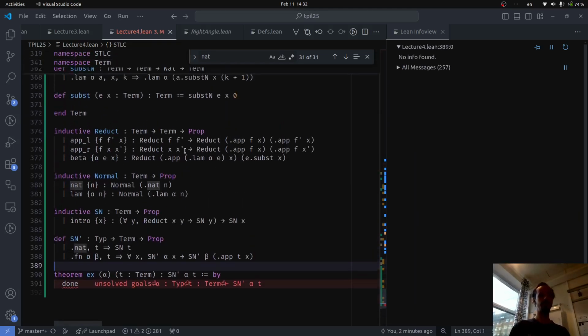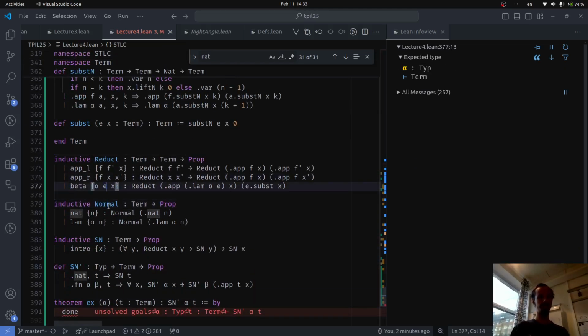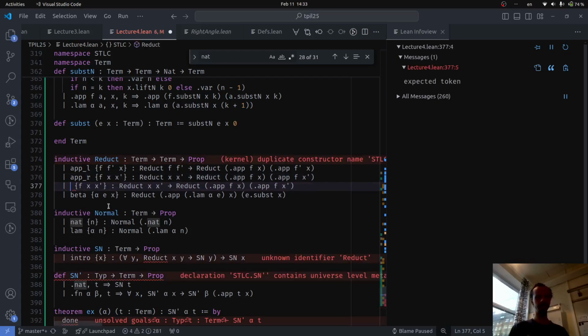We need a rule for reduction under a lambda.